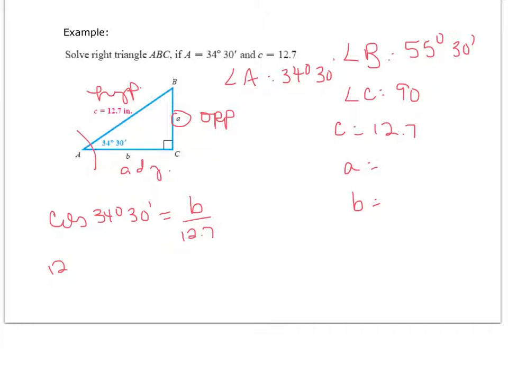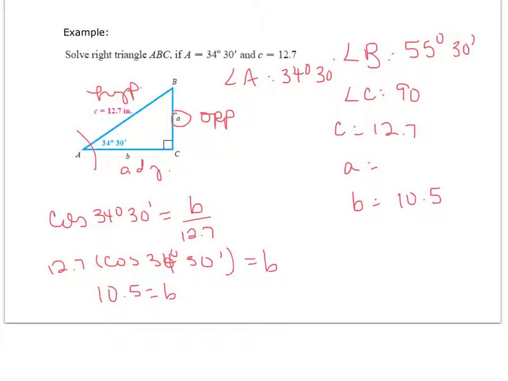So 12.7 times cosine of 34 degrees, 30 minutes equals B. So B is going to equal, rounded to one place, 10.5. So side B is 10.5. Now you could use the Pythagorean theorem and come up with side A, but that means you would have to use what you found for B.